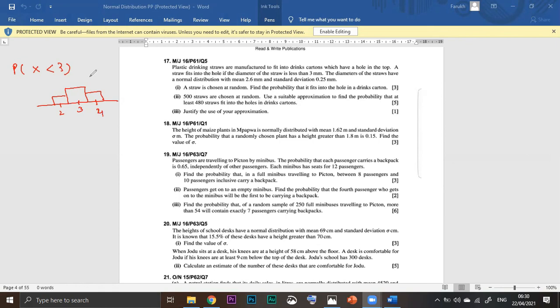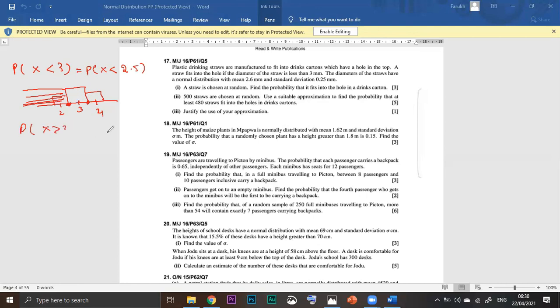Left. Should we include 3 or not? No. Now this one is the region. Should we write 2.5 or 3.5? 2.5. Is there any confusion? No.